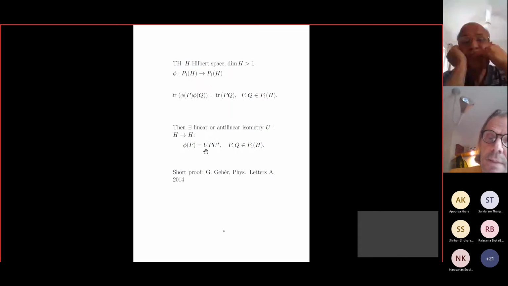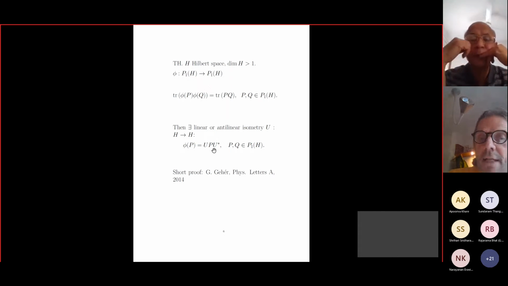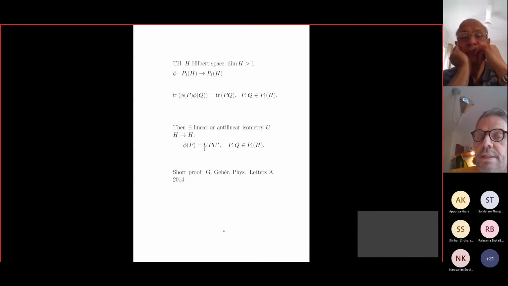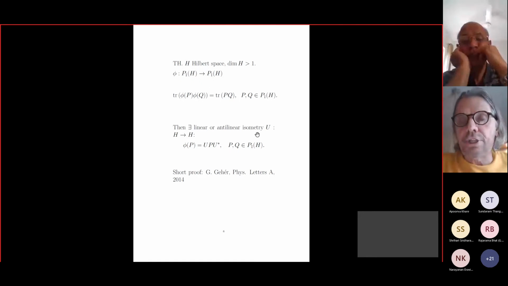Now, in Wigner's theorem, this U was unitary or anti-unitary. Now we do not have bijectivity, so there is no need that this U is unitary or bijective. If we drop the bijectivity assumption, the conclusion is that the map is of the same form, but this U is just a linear or antilinear isometry, which can be non-surjective.